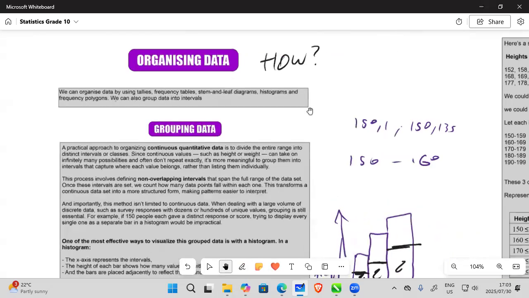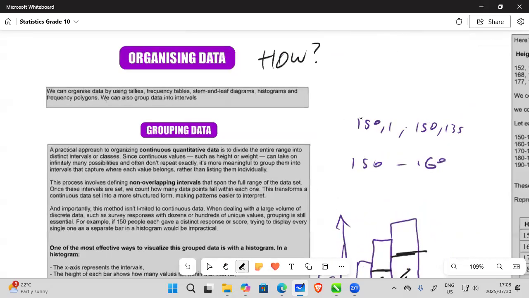Think about this. If I had continuous quantitative data, like heights of 150.1, 150.135, 150.25, and I took each value and gave it its own line, and then said how many people have heights of 150.1, how many people have heights of 150.135, it would be very burdensome, right?